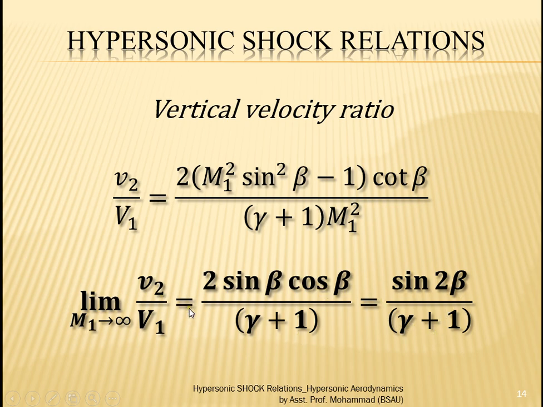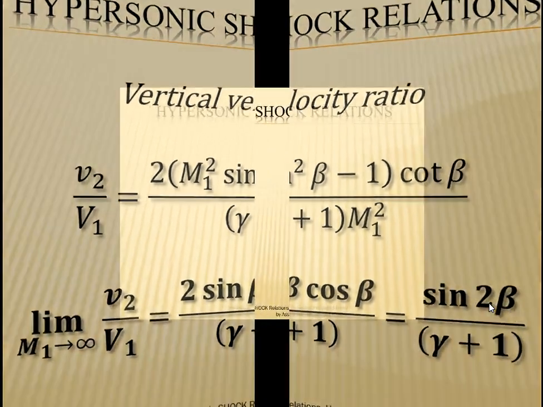This value again, you can see that velocity ratios are not depending upon the Mach number. So as the Mach number goes very high, the dependence of these velocity ratios, and also the density ratio we saw, on the Mach number is lost continuously, and they try to attain a fixed finite value rather than going very high.